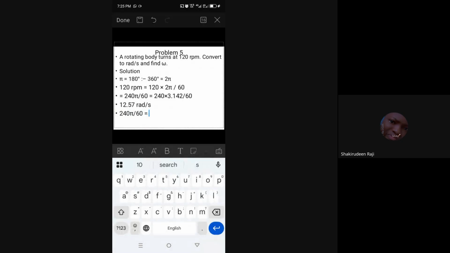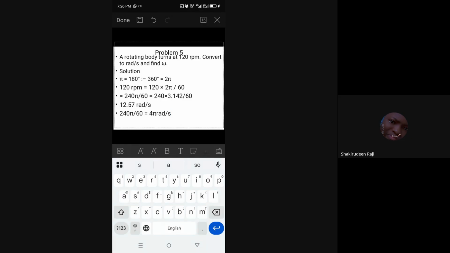Now, 240 divided by 60 would have given me 240 over 60, that is 4. So if I say that my answer is 4 pi radians per second, do you know that it's still the same thing as that 12.57 radians per second? The difference is that the pi here is still representing the 3.142. And 4 times 3.142 will still give you this 12.57.